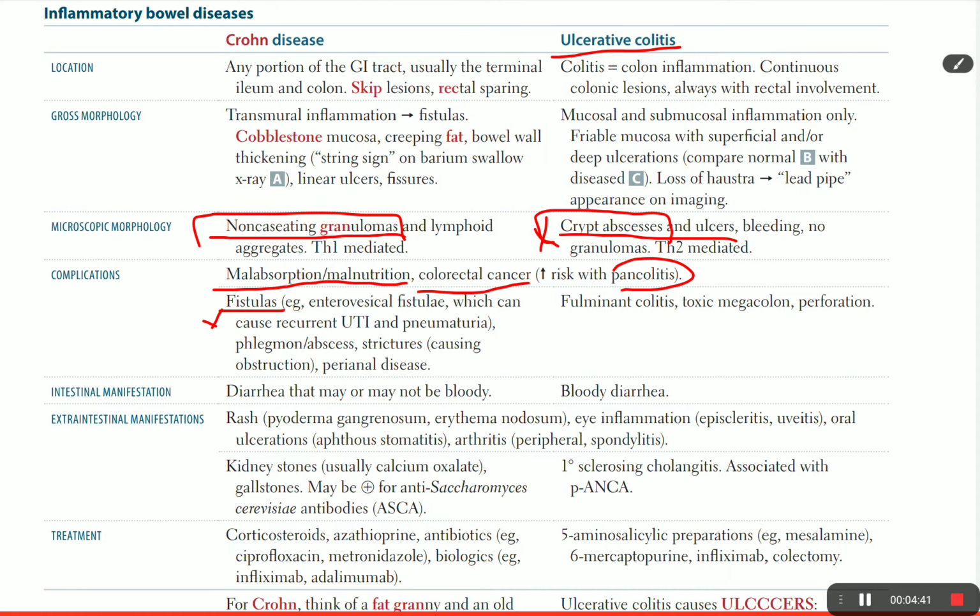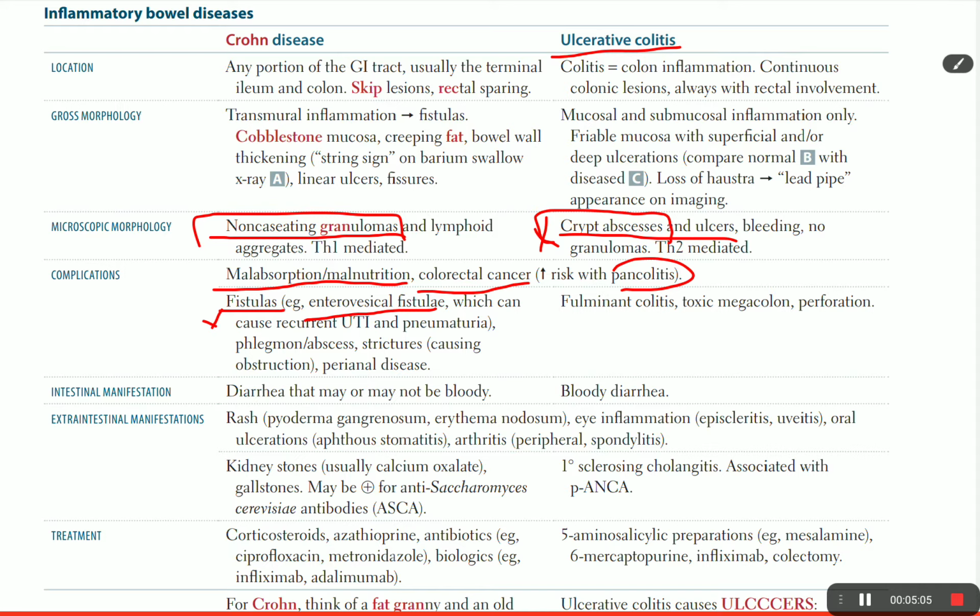So as I said, a fistula is a connection between two epitheliums. The common fistula happening with Crohn's disease is the enterovesical fistula, which is a fistula between the GIT tract and the urinary bladder.